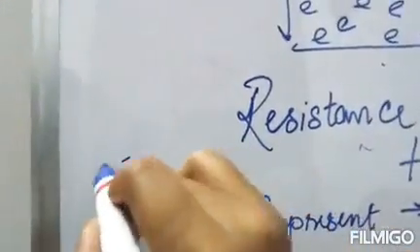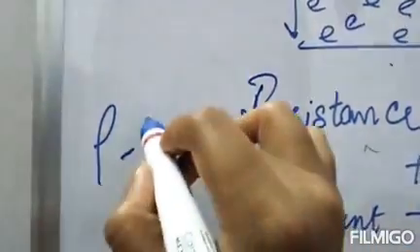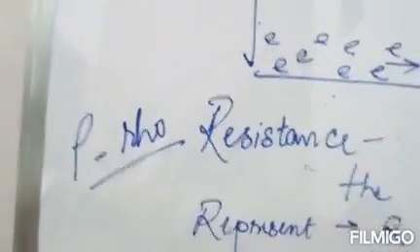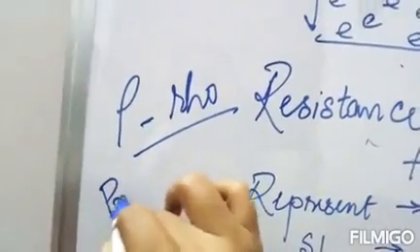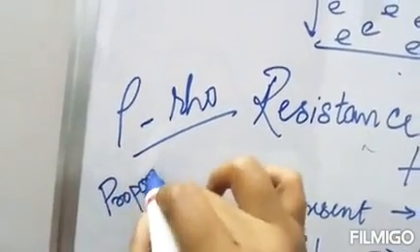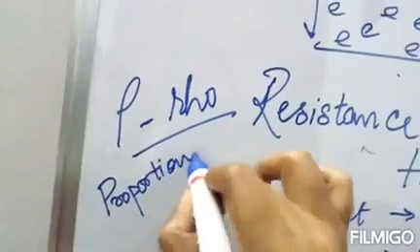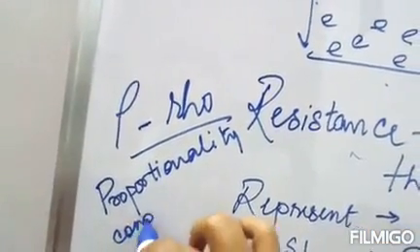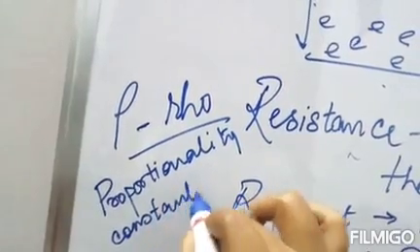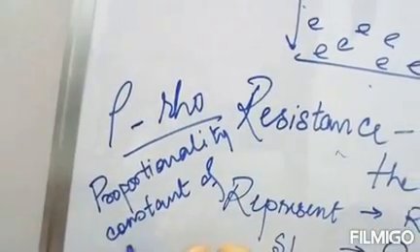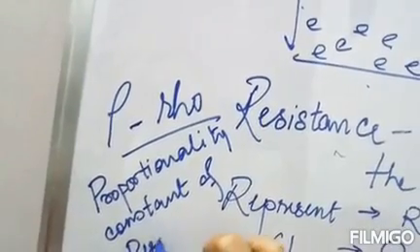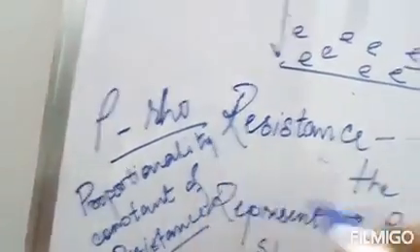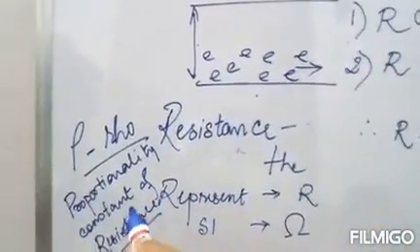This is known as rho, R H O. It is spelled rho, and it is the proportionality constant of resistance.